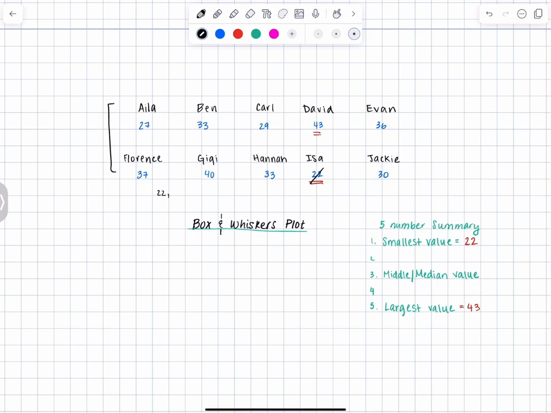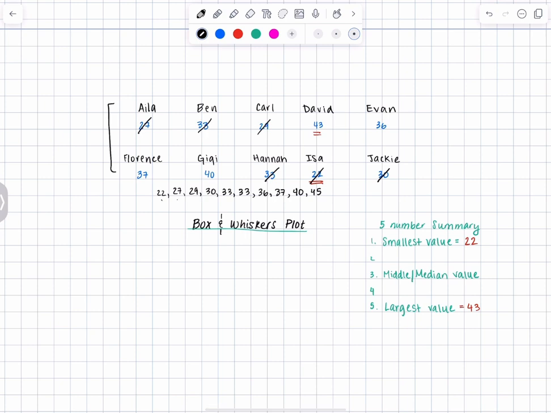Then we have 27, then 29, 30, 33 occurs twice, 33, then 36, 37, 40, and 45. So we have 10 friends and we can double check the numbers.